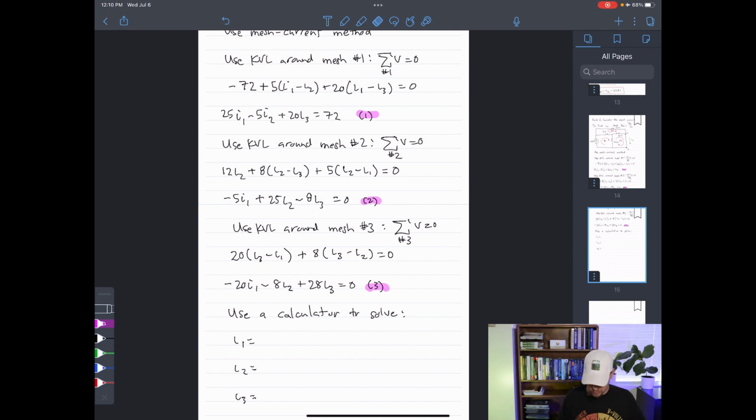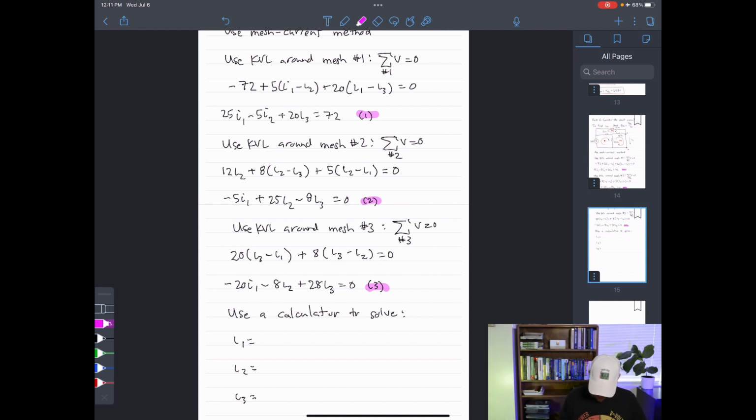Okay. So using a calculator, I found that I1 is 12.72 amps, I2 is 6 amps, and lastly, I3 is 10.8 amps. Let's clean that up.